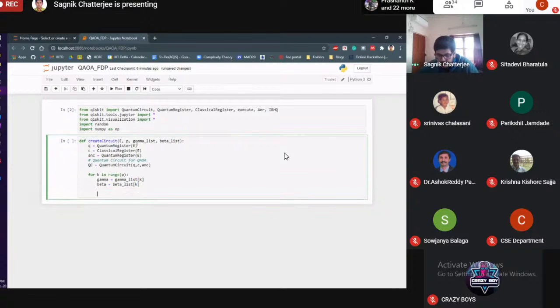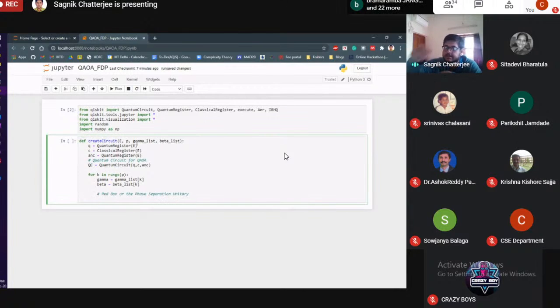Now we'll be doing the red box, and the red box is just a one-line operator: the phase separation unitary. We'll just be applying a Z rotation gate, which basically manipulates the phases on your qubit. The higher the matching size is, the more your phase will be on that qubit.